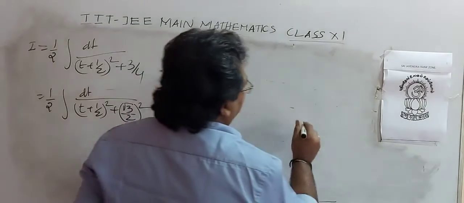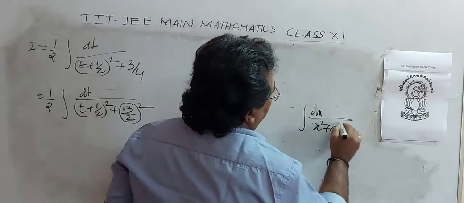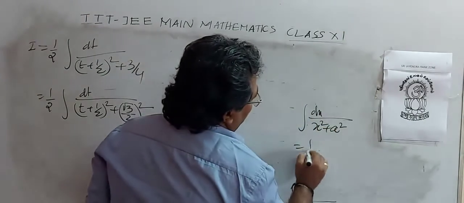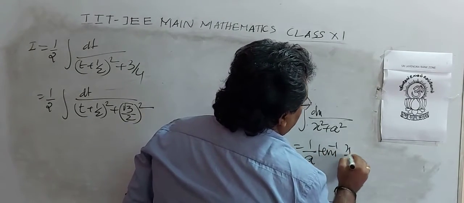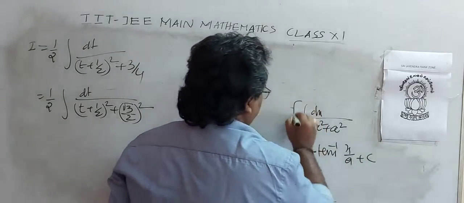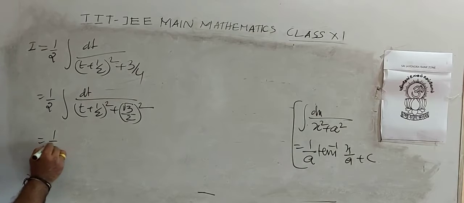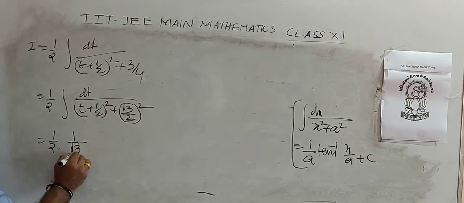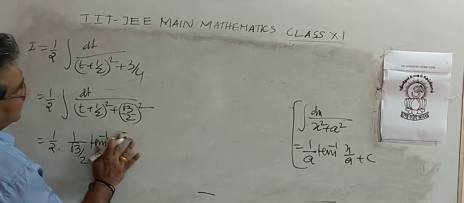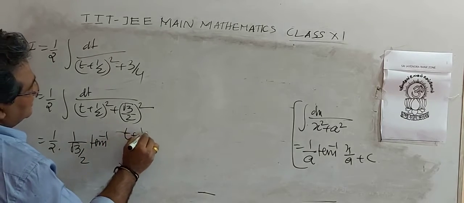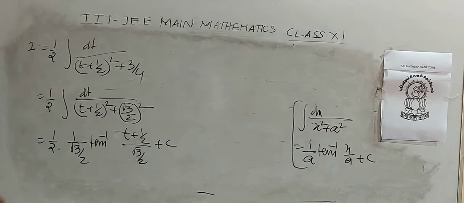We have dx by x square plus a square equal to 1 by a tan inverse of x by a plus c. 1 by 2, 1 by a, that is 1 by root 3 by 2, tan inverse of x by a, that is t plus 1 by 2 by root 3 by 2 plus c.